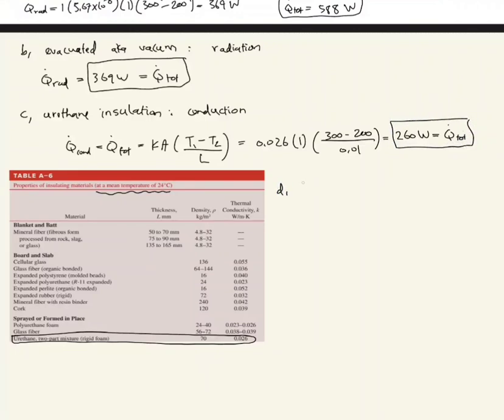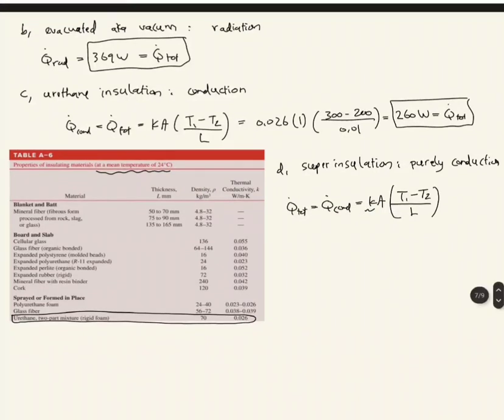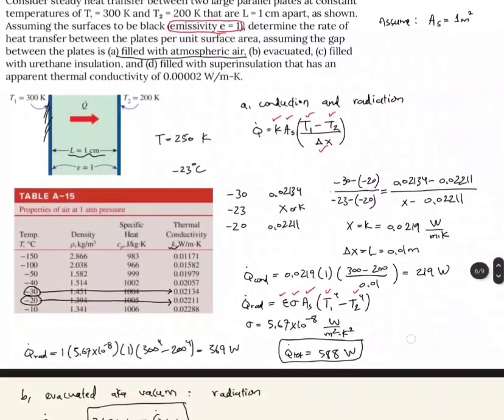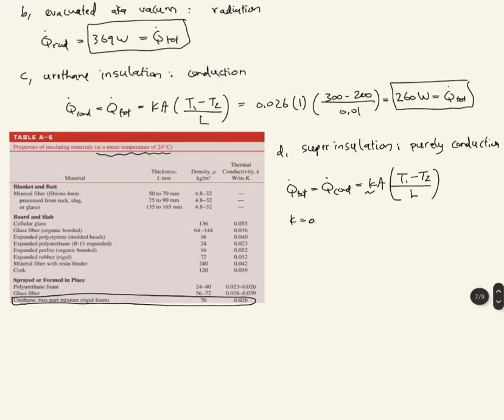Now for the last case, we have a superinsulation. And again, this just means it's purely conduction, okay? And then we write down the same formula, Q dot conduction, K A T1 minus T2 divided by L. And we know the value of K because they say that K equals 0.00002 watt per meter Kelvin, right?